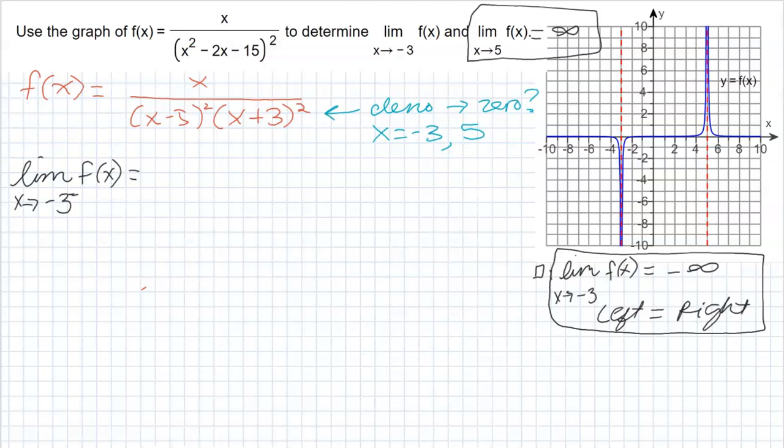So think of a number that is close to -3. So the numerator is approximately -3. We can do a direct substitution there. And we can also do a direct substitution here for the factor x minus 5.